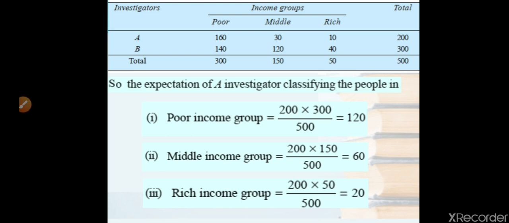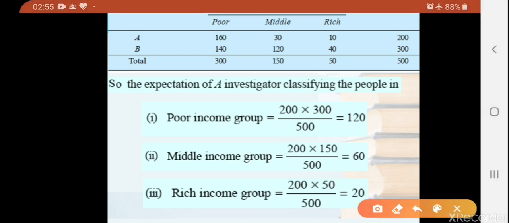So we have taken the null hypothesis that the sampling techniques adopted by the research workers are similar. First of all, we will calculate the expected frequencies. Here we first calculate the observed frequency for poor by investigator A. For poor it is given as 160.